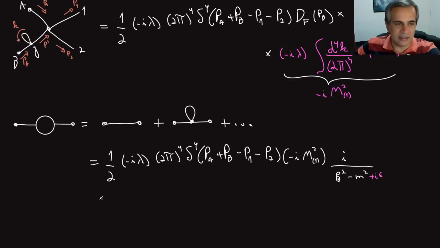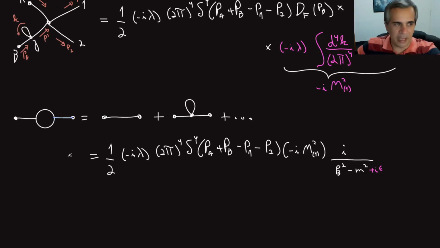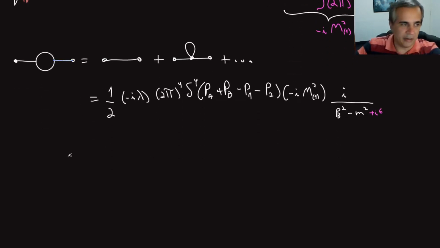So let me state that problem in general. Imagine a very complicated diagram. Again, we're thinking about lambda phi 4, and just for the sake of illustration, I'll draw a very complicated one. Unnecessarily complicated, but I want to convince you.